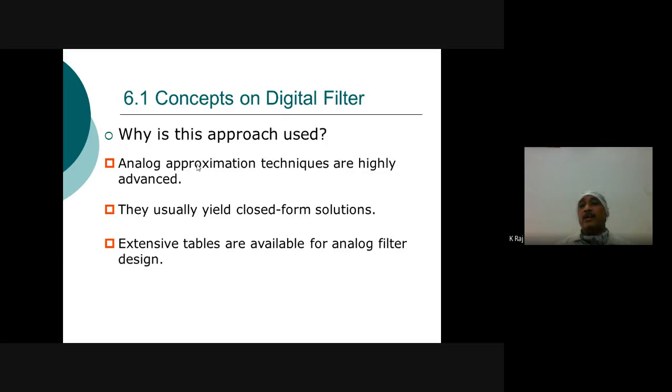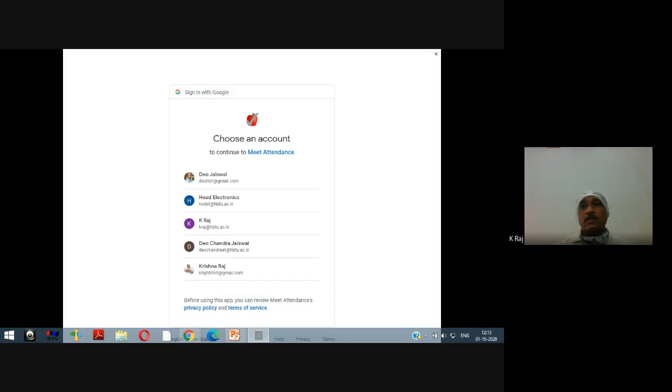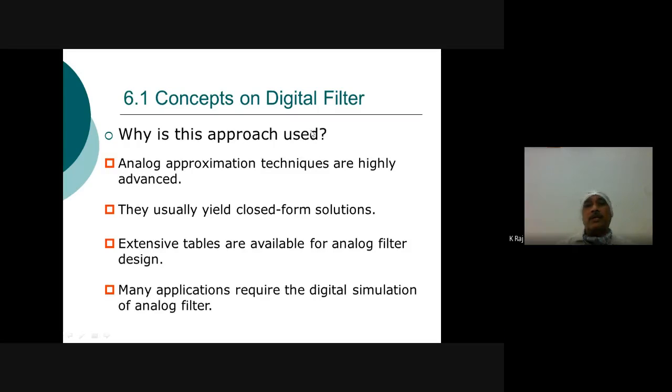Extensive tables are available for analog filter design, and many applications require the digital simulation of the analog system or analog filter. So these are the reasons based on which we design the digital IIR filter by first designing it in the analog domain and then transforming it into the digital domain.